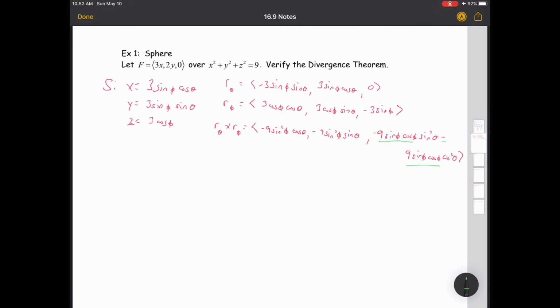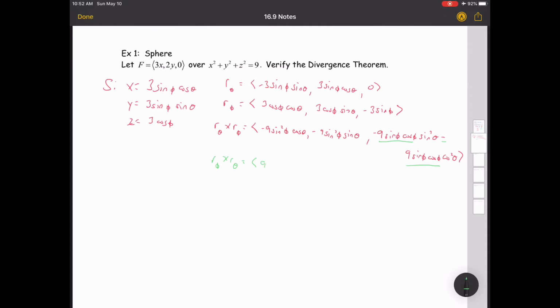So all we're going to do when we go to rewrite this is we're going to say r sub phi cross r sub theta, and it's just going to take everything and make it the opposite sign, because it just means the cross product is going in the opposite direction now. The perpendicular vector is going to go the opposite direction.